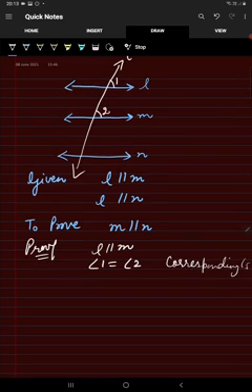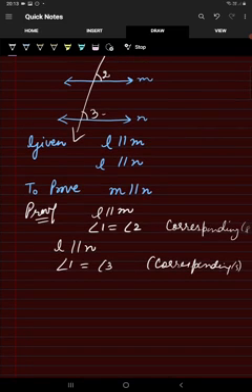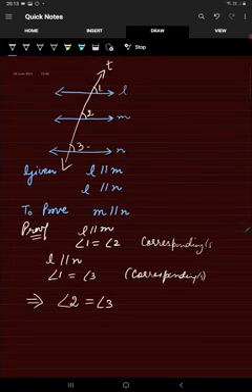And if I take line L parallel to N, then angle 1 and angle 3 again will be equal because they also form a pair of corresponding angles. If I compare these two statements, angle 1 is equal to angle 2, angle 1 is equal to angle 3, this implies angle 2 is equal to angle 3, because angles equal to the same angle are equal to each other.